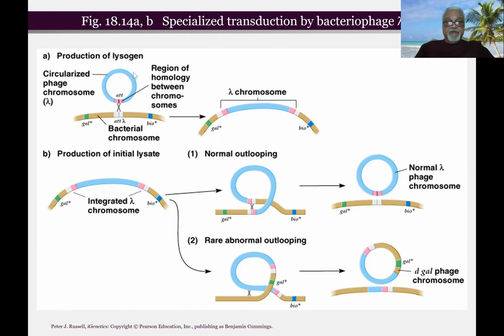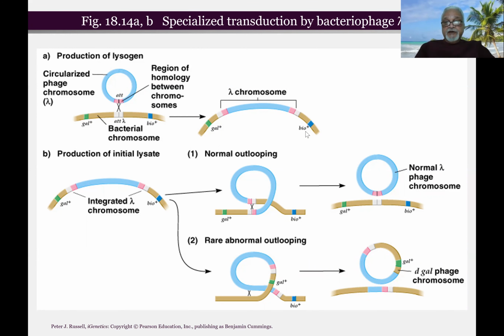it gets integrated into the host cell by the process of recombination. There is a homologous region on the phage DNA and the host chromosomal DNA, and it is integrated in between two markers, for example, GAL plus and Bio plus, because we know that both these markers are sitting close to each other.